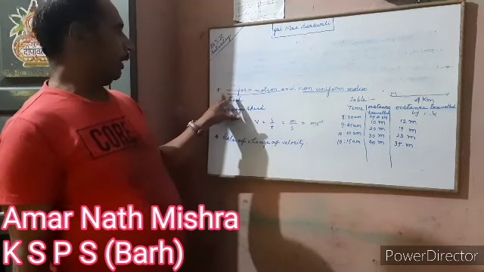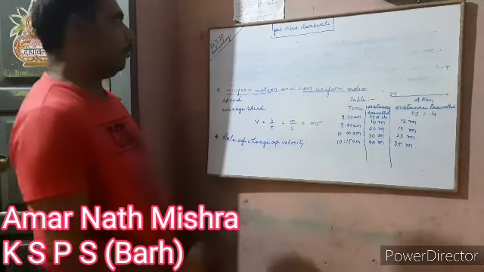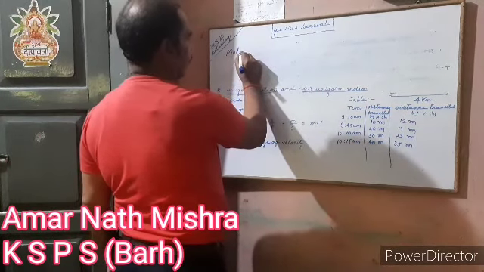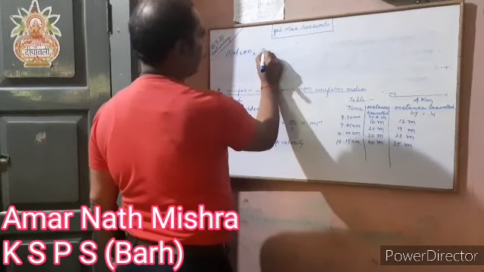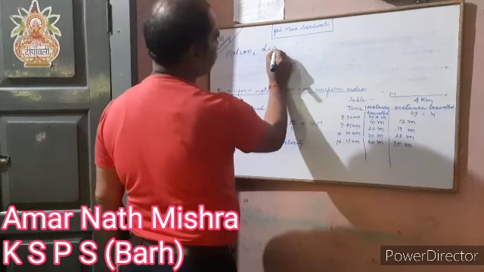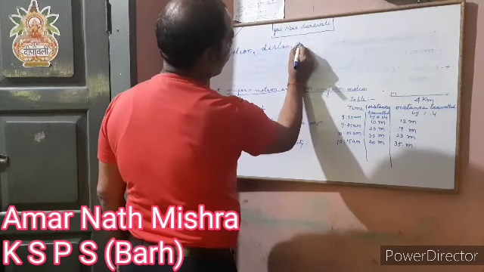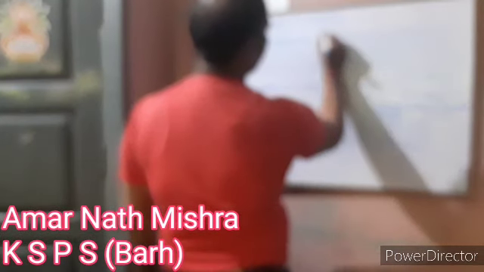So here it is important: you will have to learn uniform motion. What have you learned up till now? Motion, define the term motion. Second, distance. Fourth, displacement.